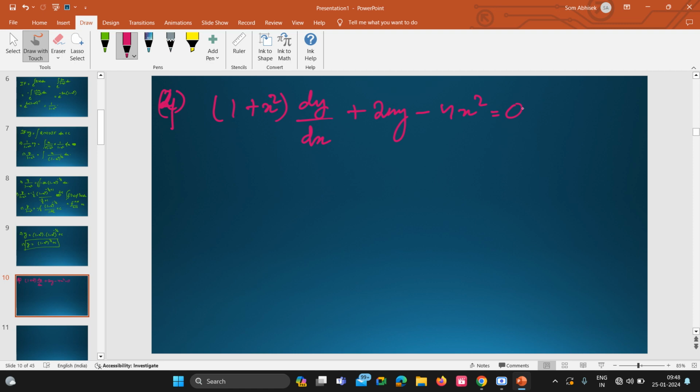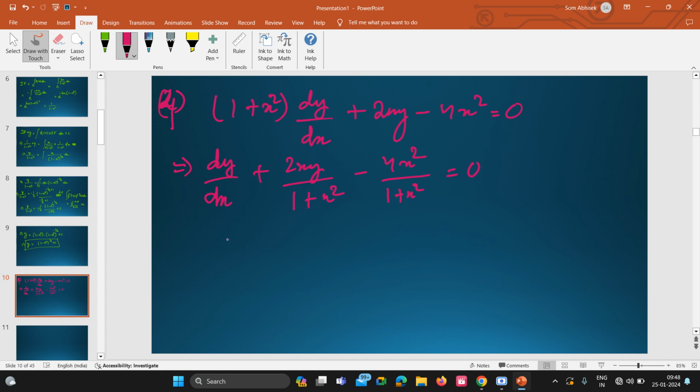(1 plus x square) dy dx plus 2xy minus 4x square is equal to 0. So can I do dy dx plus 2xy by 1 plus x square minus 4x square by 1 plus x square is equal to 0?